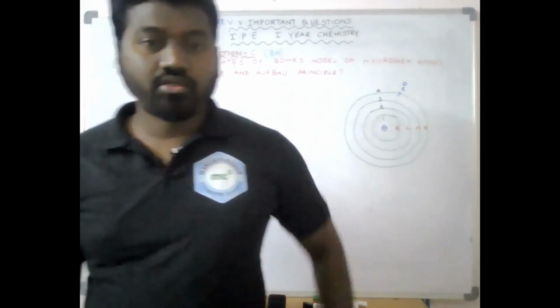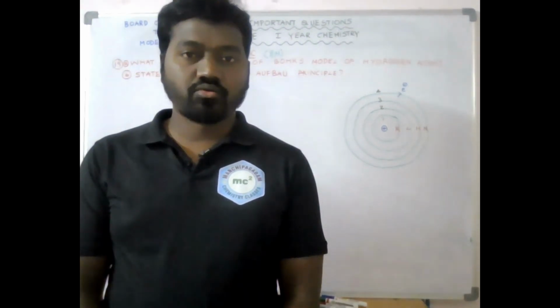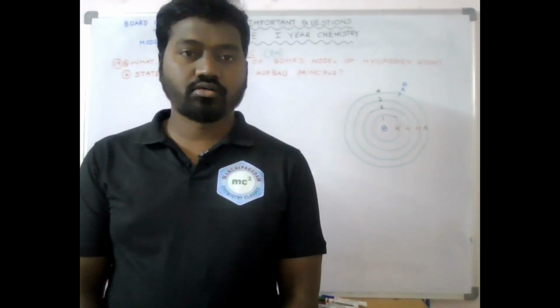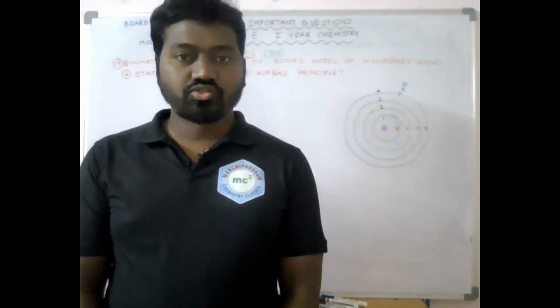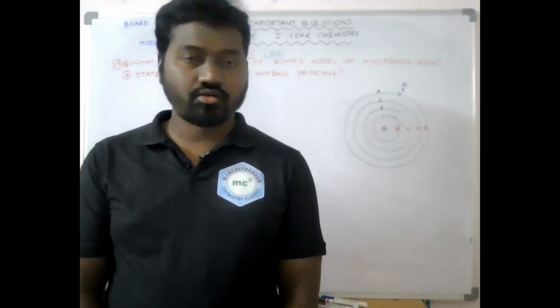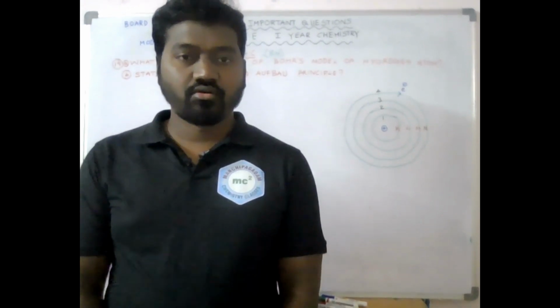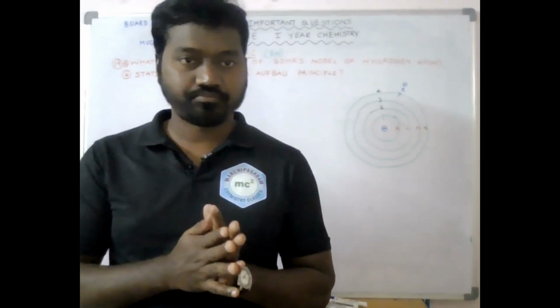Even if you learn them, you may get them, so it is better to learn these also. Bohr's atomic model is 100% going to be given, but Hund's rule and Aufbau's principle are also better to learn. They may give, and hope for the best. And with this, you also learn the hydrogen spectrum.